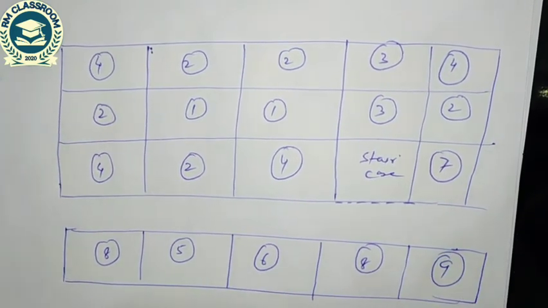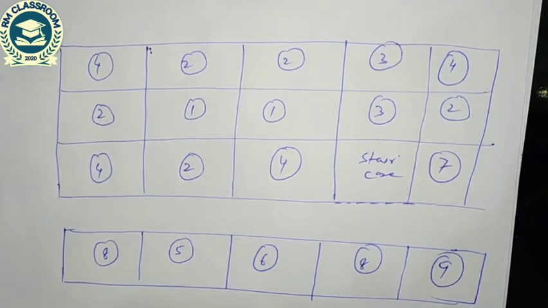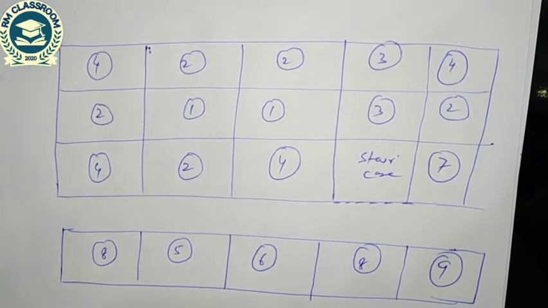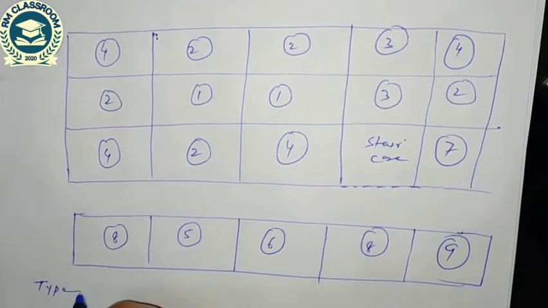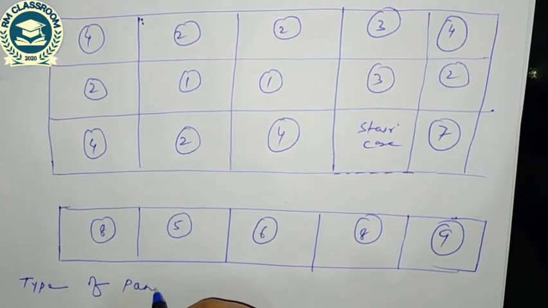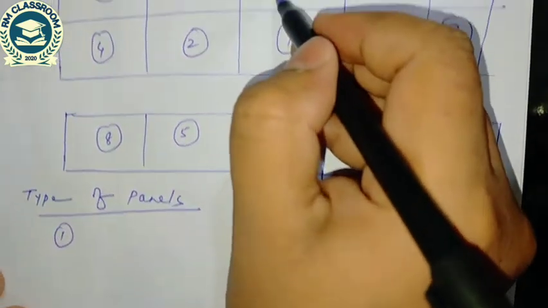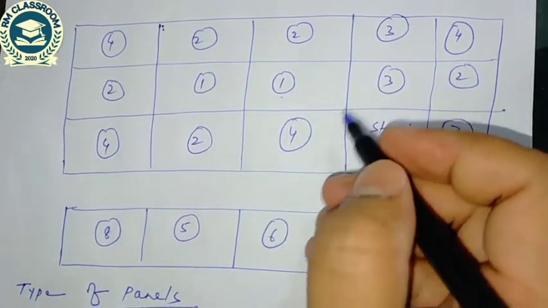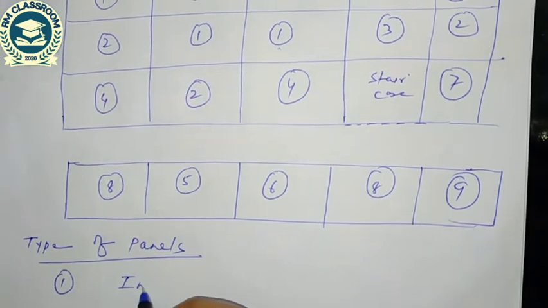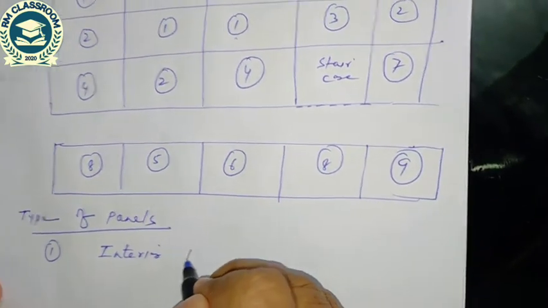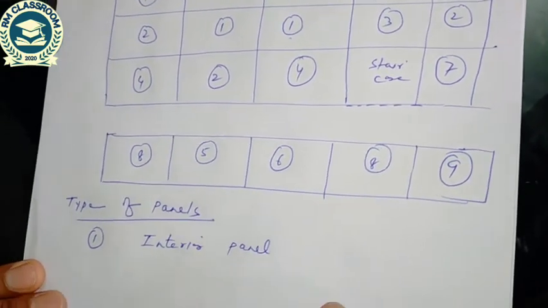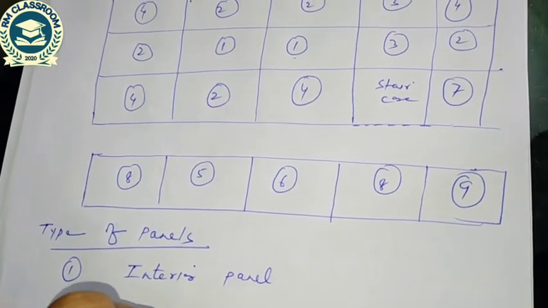So these 9 panels are the types of panels. The first panel, that is this one, these are the panels. These are called interior panels.